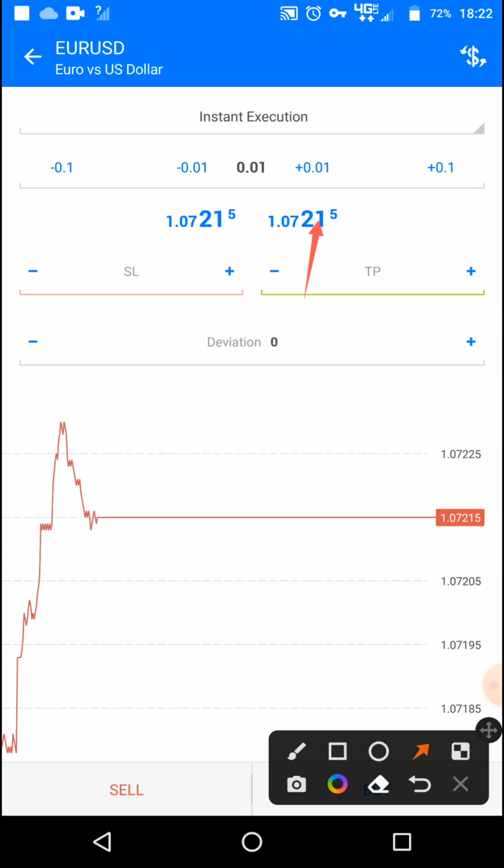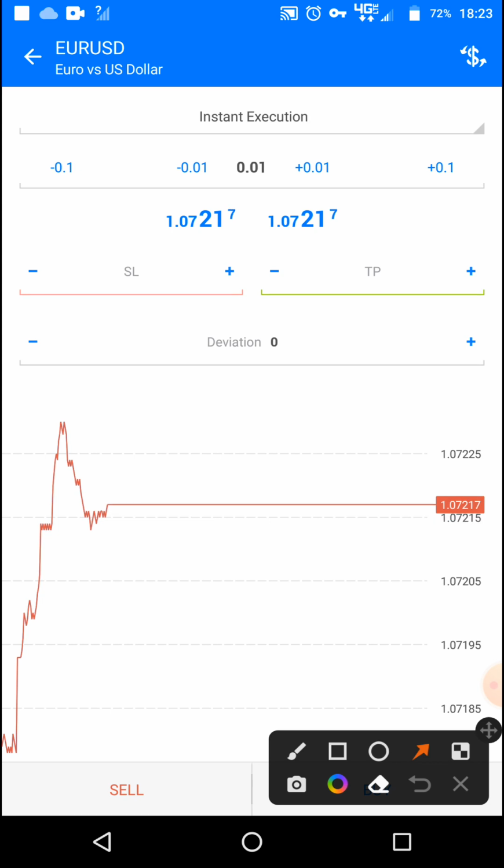So from the first decimal point, it's called 1 pip. So this is how it is. In mathematics we have ones, tens, hundreds, thousands. Okay, it's the same thing here.